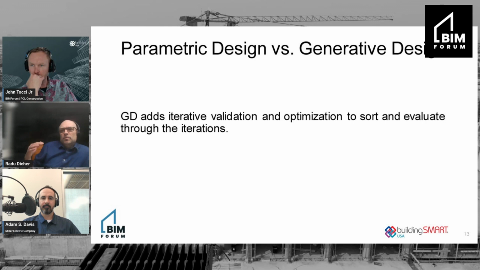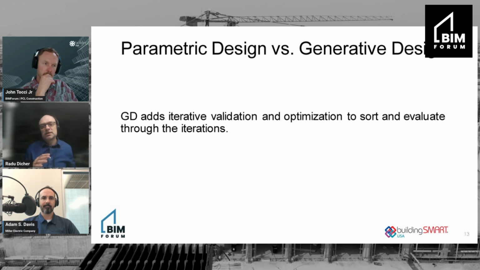Now, taking this one step forward, what are the differences between parametric design and generative design? Typically, generative design adds iterative validation and optimization to sort and evaluate the iterations. Parametric design typically doesn't involve, or historically may not involve, validation and improvement by iterations necessarily, right?